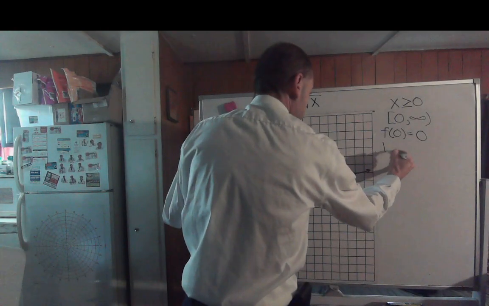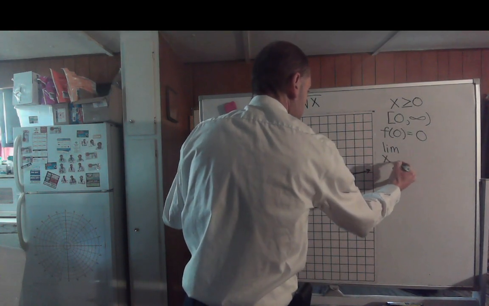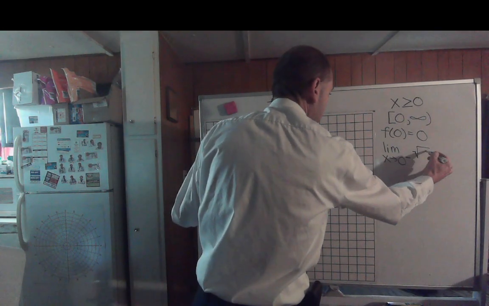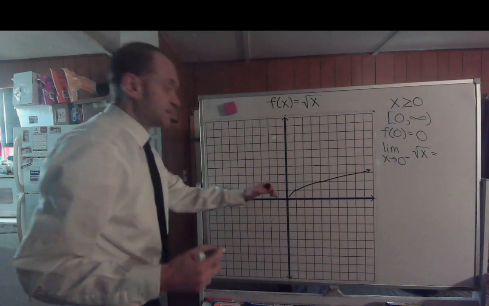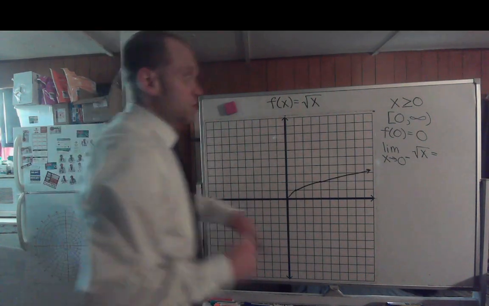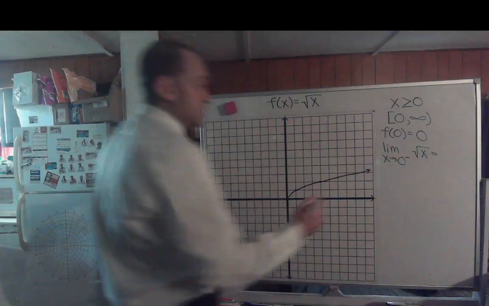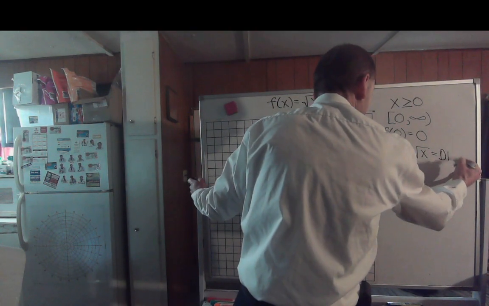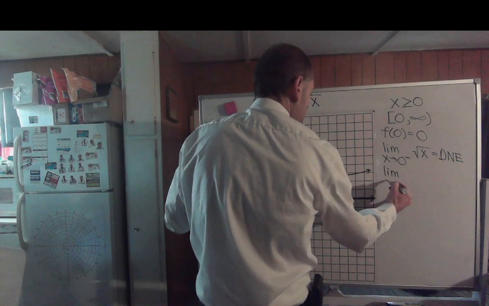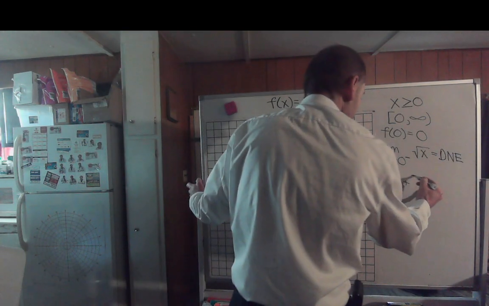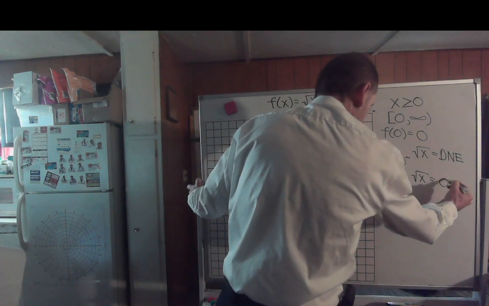But let's look at the left-handed limit as x approaches 0. The limit as x approaches 0 from the left of the square root of x, well, that has to mean that x is less than 0, which is not defined in our domain and definitely not graphically. So the left-handed limit's going to fail to exist, but the right-handed limit's going to exist. We take the limit as x approaches 0 from the right of the square root of x. That's just going to give you 0.